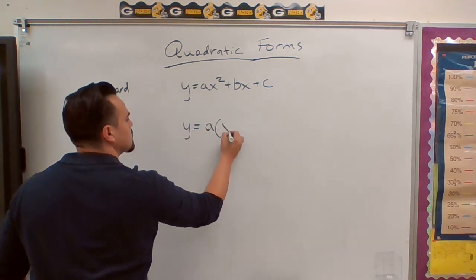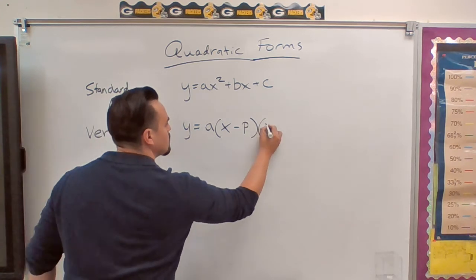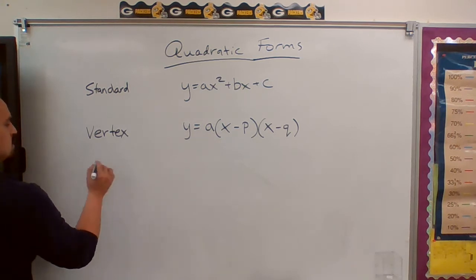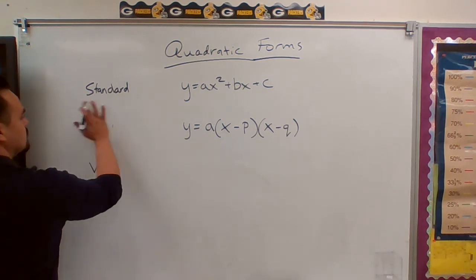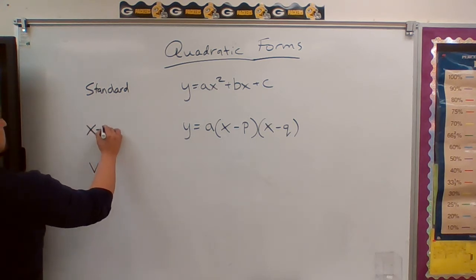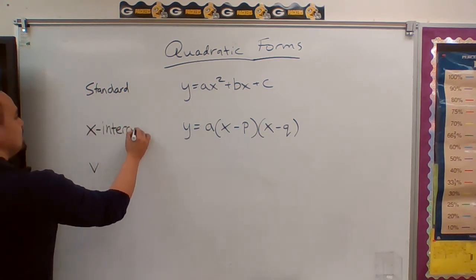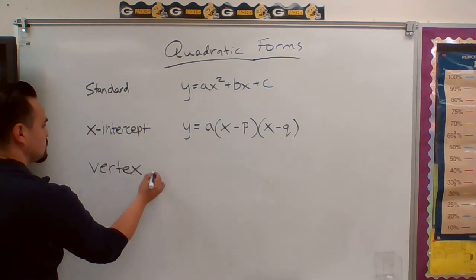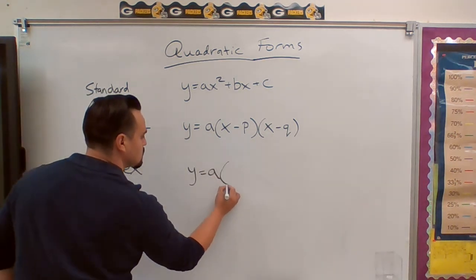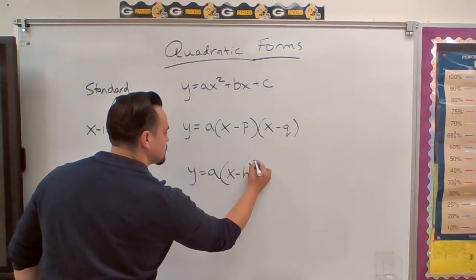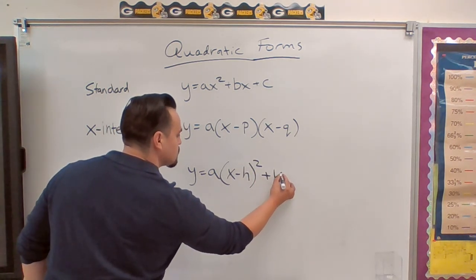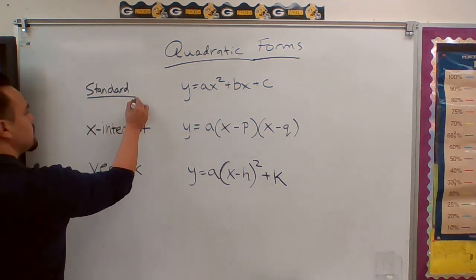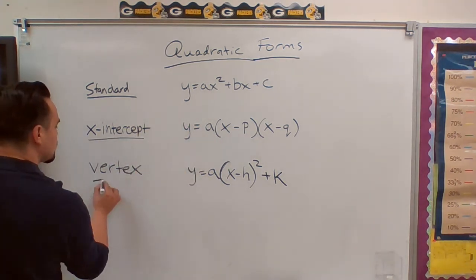Y is equal to a times x minus p, x minus q. Oh, that's not vertex form. That's x-intercept form. My bad. And then you have your vertex form right here. Those are the three forms: standard, x-intercept, and vertex.